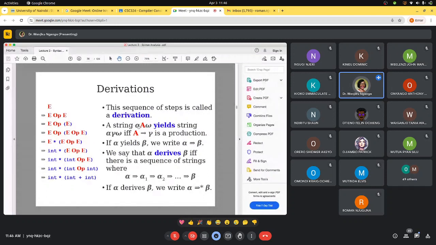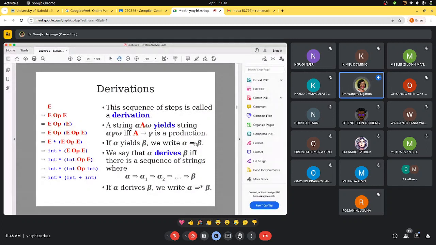So we say that a working string of the form alpha, non-terminal A, omega, yields the string alpha, gamma, omega if and only if there's a production in the grammar where we can rewrite A as gamma.